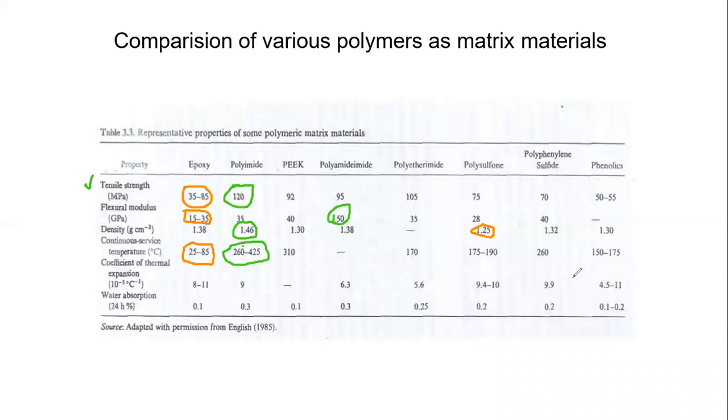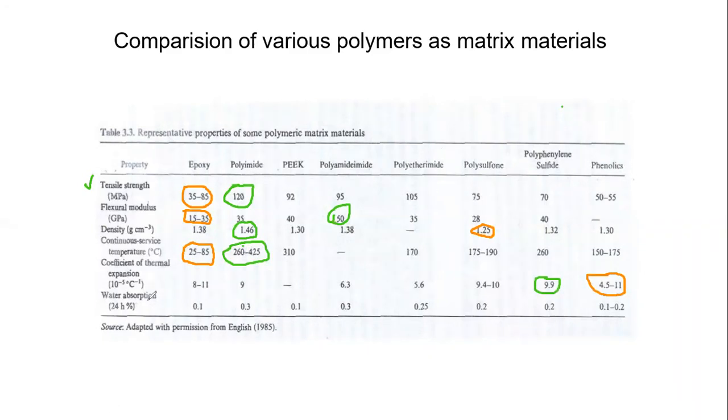Among all these, polysulfone has a constant value of 9.9. So this is the highest, and the lowest coefficient of thermal expansion goes to phenolics, that is 4.5 to 11. It has a very low coefficient of thermal expansion.